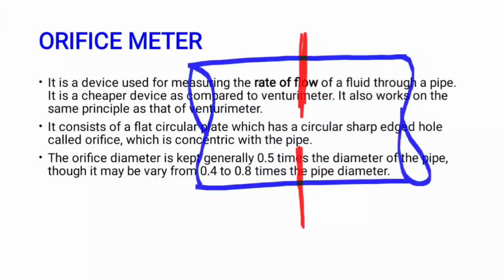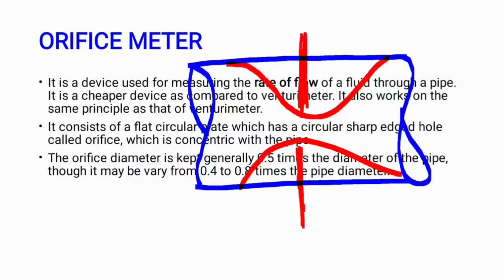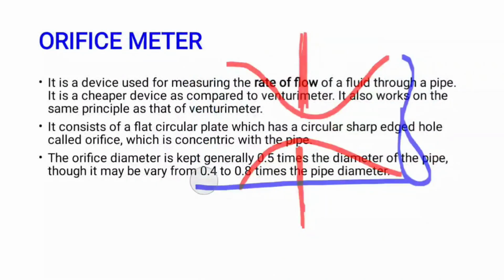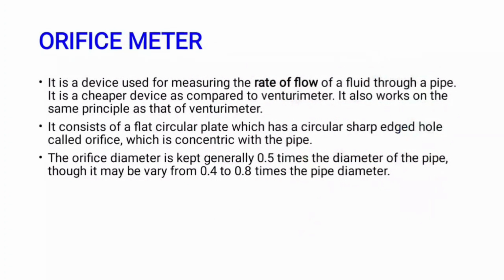That means the flow is converged from here. It is just a plate, not a heavy arrangement, so it is much cheaper than the venturimeter. It also works on the same principle, Bernoulli's theorem.